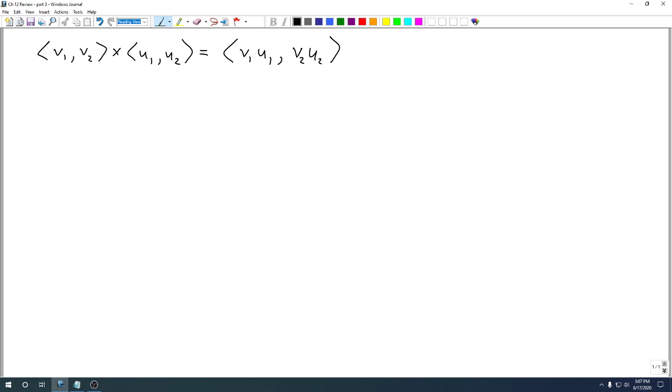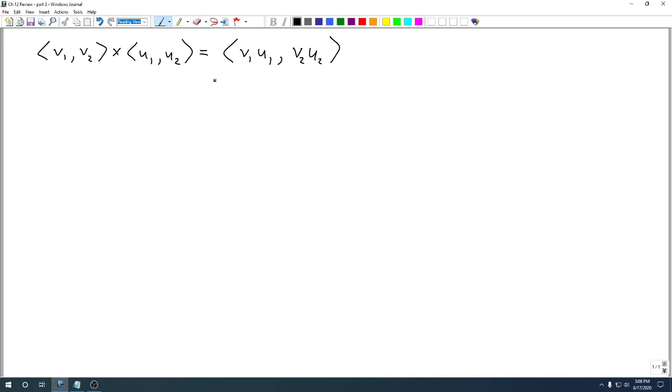Why don't we multiply vectors that way? We could theoretically define something to be that, but it turns out this definition is just not very useful. There's nothing that we can really do with this. For one thing, it really doesn't mean much geometrically. So we're not going to use that.